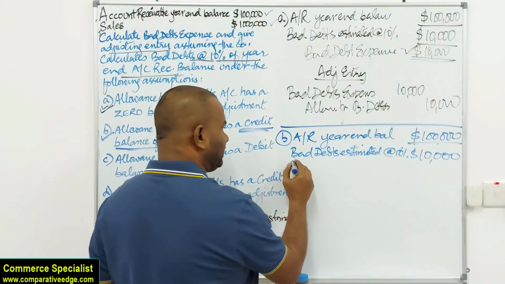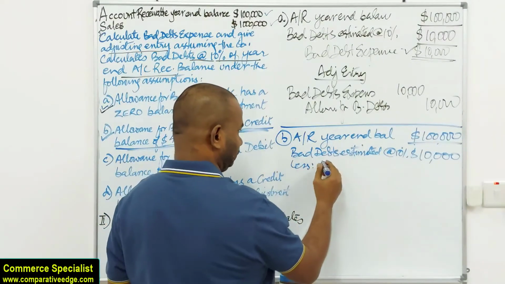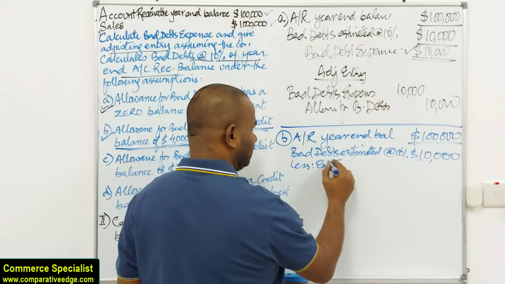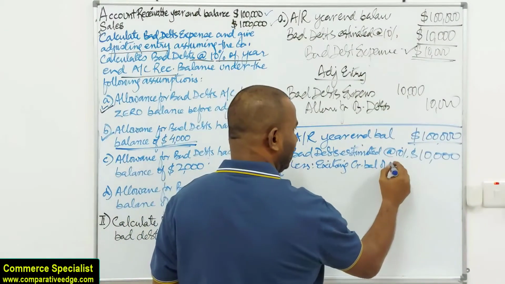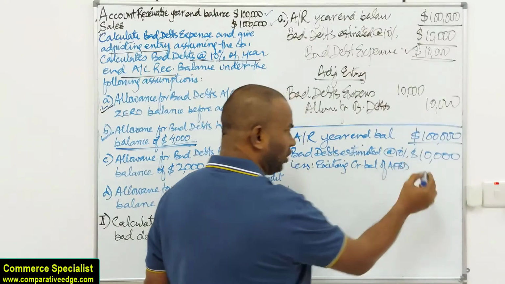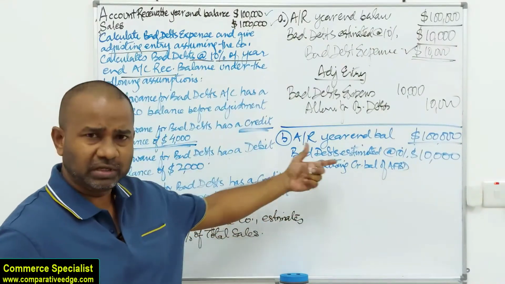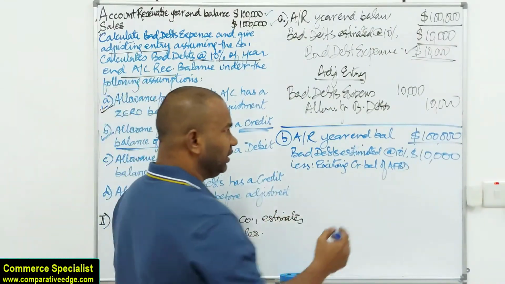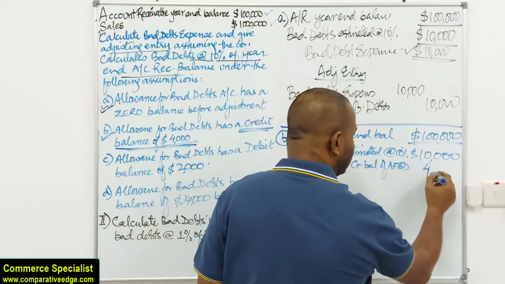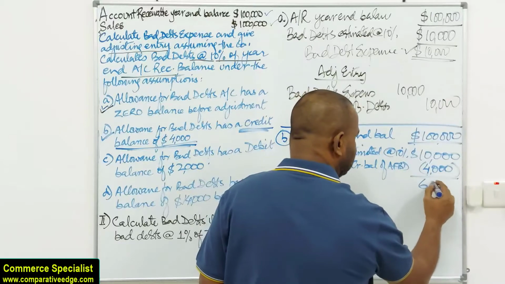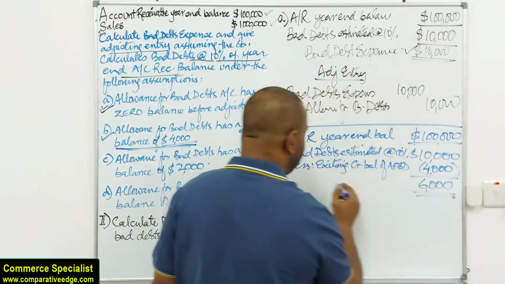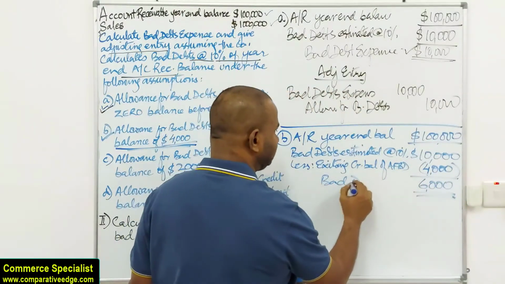So I am writing here less existing credit balance of allowance for bad debts. Short form I'm using because of space constraint. So the credit balance of 4,000 will be subtracted from this 10,000, and this 6,000 will be my bad debt expense for the year.